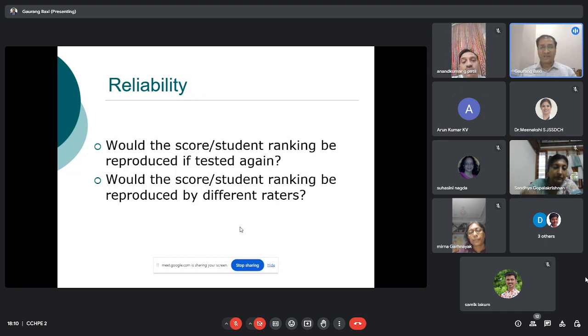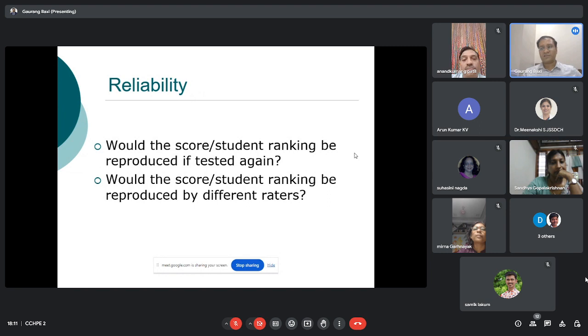The first statement refers to intra-rater reliability, as in if the same student is giving the exam again, whether the student will score similar grades or marks, versus there would be a large difference. So if the scores or the marks are comparable, then we can say that the reliability is high.